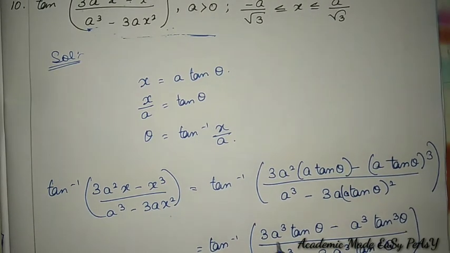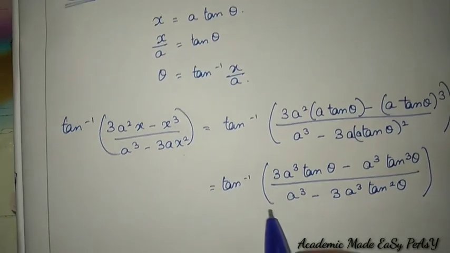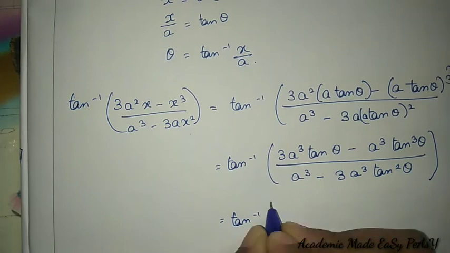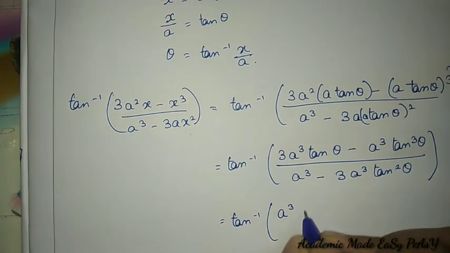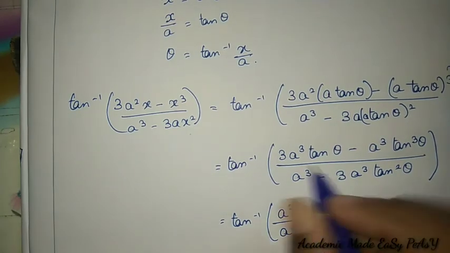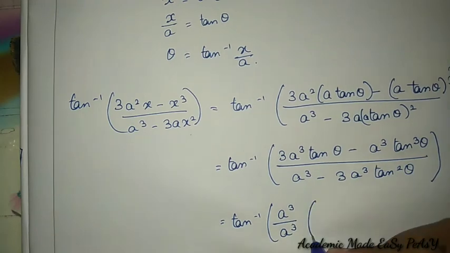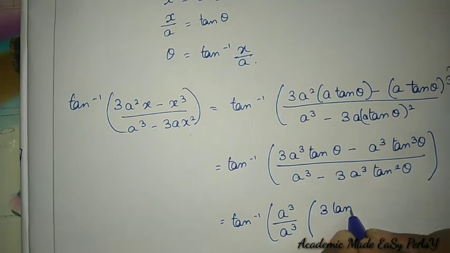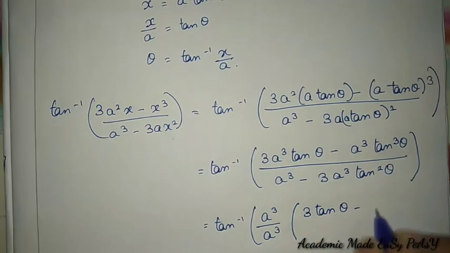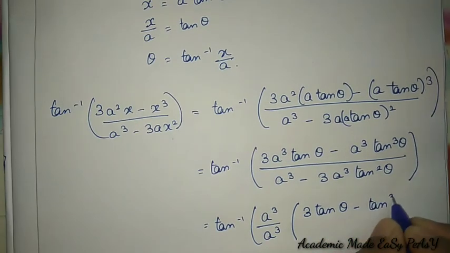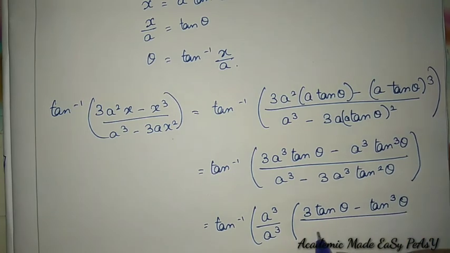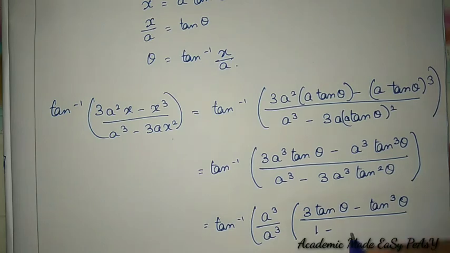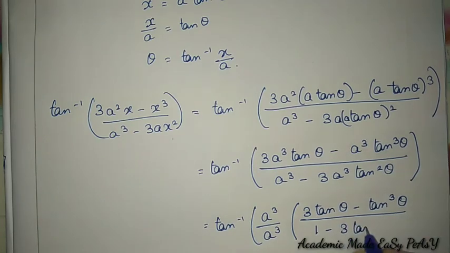Now I can take all my a cube common out. So I will have tan inverse of a cube divided by a cube. This also I am taking out, both in numerator as well as denominator. So I will have 3 tan theta minus tan cube theta divided by 1 minus 3 tan square theta.